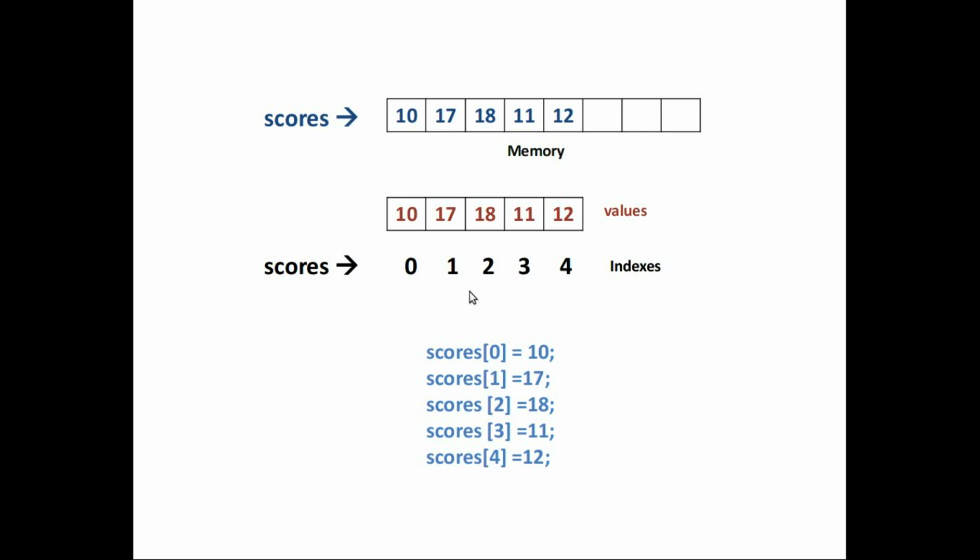What I want you to have in mind is that the indexes always start from 0, not from 1. If you start from 1, you're going to miss the first item in the array. We're going to talk about these in detail, but since we know what the structure is, let's go ahead and see how we can declare an array. But remember, we said it occupies a contiguous location in memory.